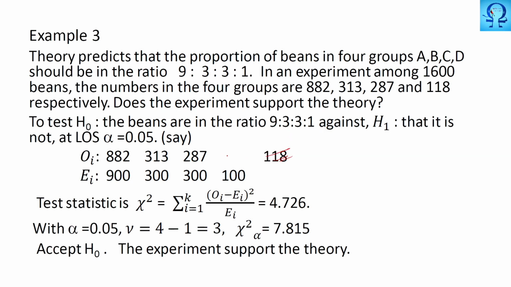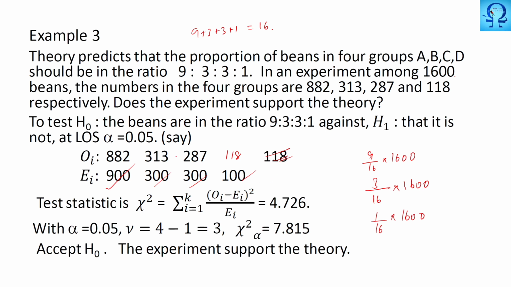Now let us calculate. There are 1600 beings, and we have to split this 1600 in this ratio. 9 plus 3 plus 3 plus 1 is 16. So 9 upon 16 times 1600 is the first expected value, 3 upon 16 times 1600 is the second and third expected values, and 1 upon 16 times 1600 is the last expected value.